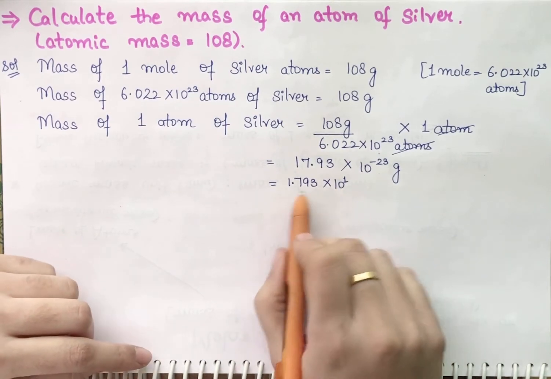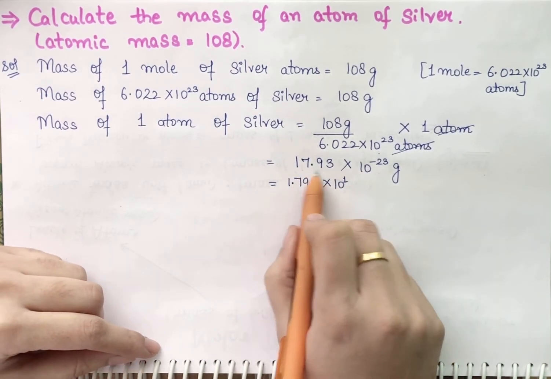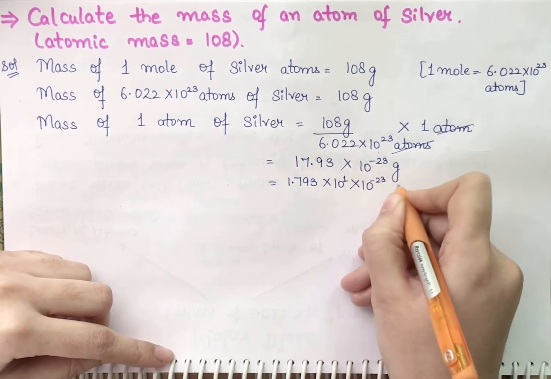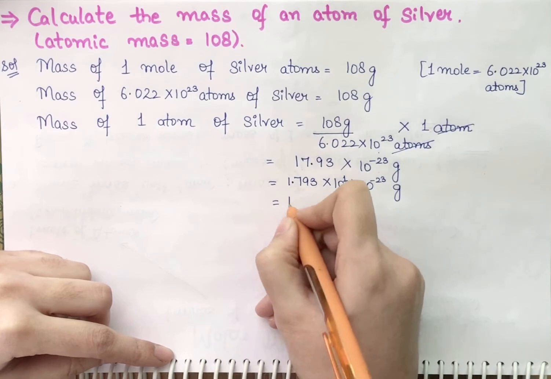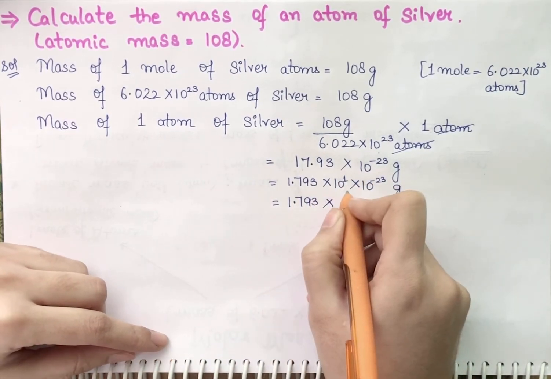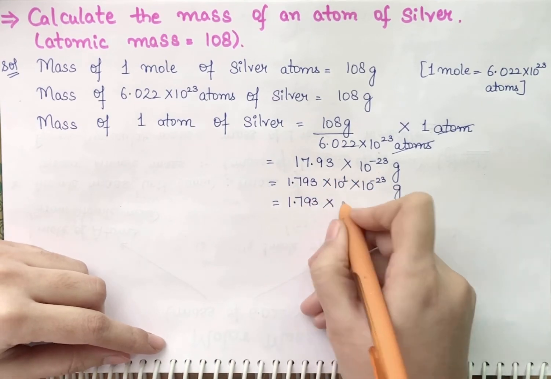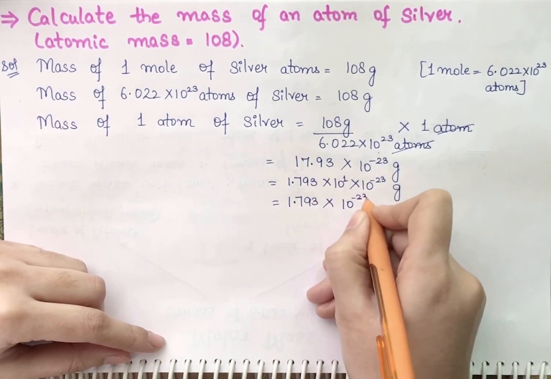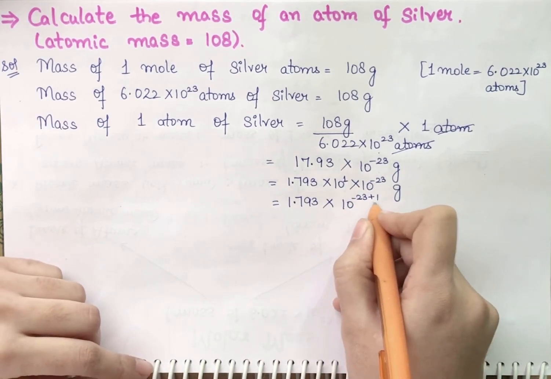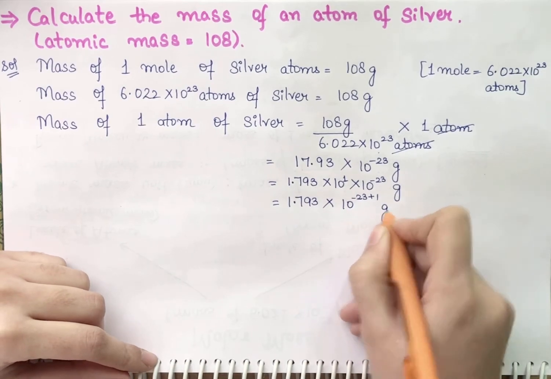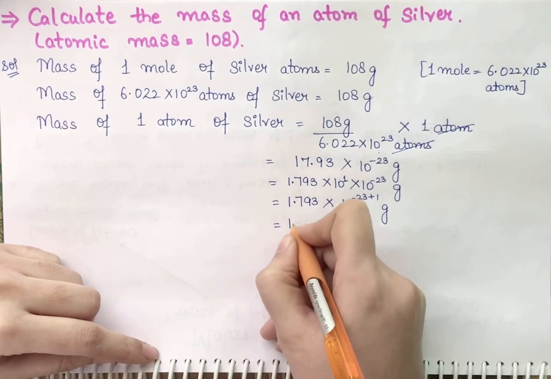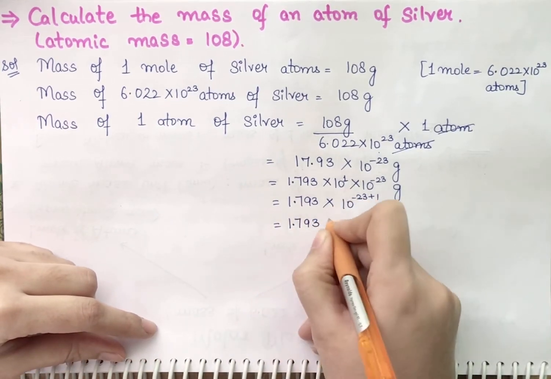That means if I multiply this value with 10, I'll get this value again, into 10 raised to power minus 23 gram, equal to 1.793. Okay, here I'm having powers in multiplication, so I'll simply add them. So 10 raised to power minus 23 plus 1. Here I'm having minus 23 and this value is in plus. So I'll simply subtract these values and write my answer in terms of negative value.